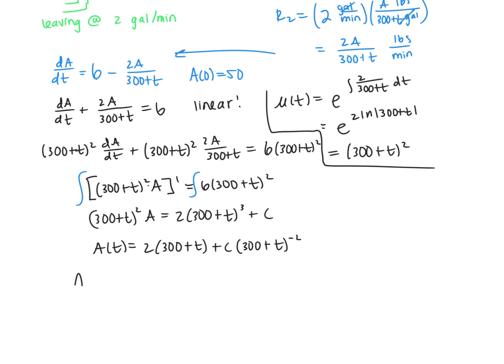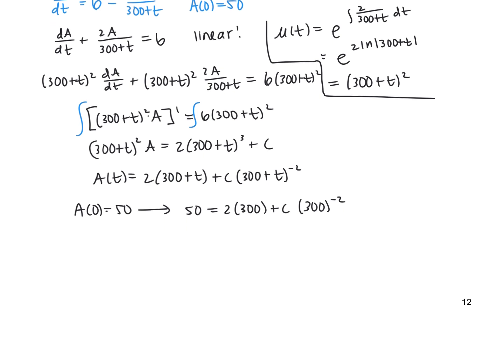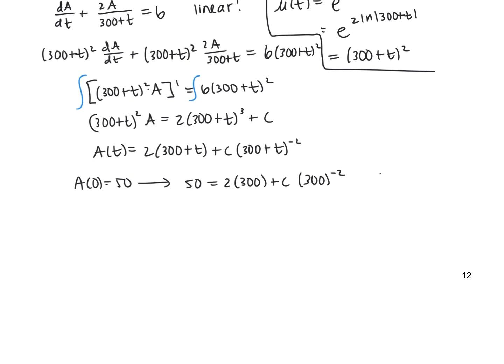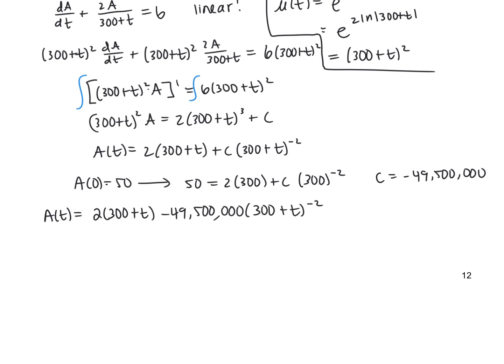Then if we use our condition A of 0 equals 50, that gives us 50 equals 2 times 300 plus C times 300 to the negative second. I've done this calculation for you, and C ends up being negative 49,500,000. So for part A, our answer is A of t equals 2 multiplied by (300 plus t), minus 49,500,000 times (300 plus t) to the negative second.